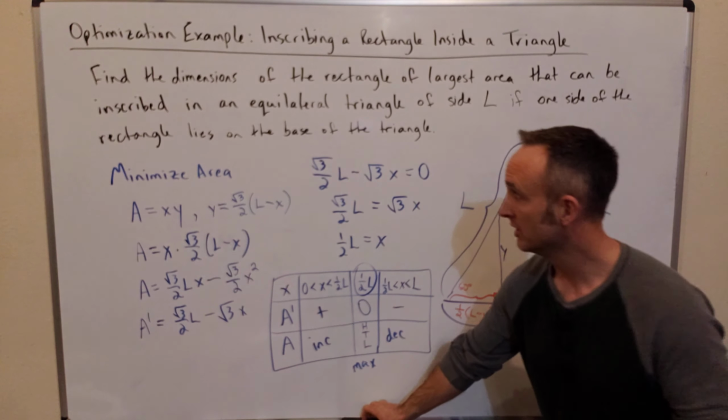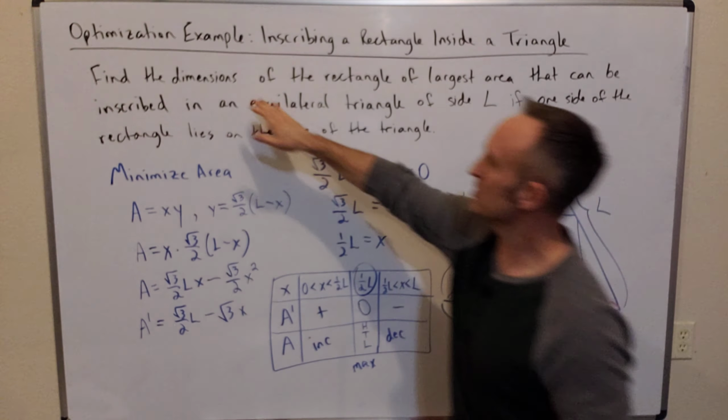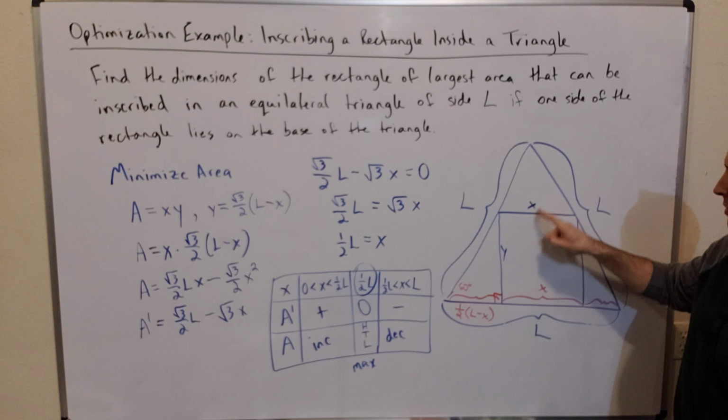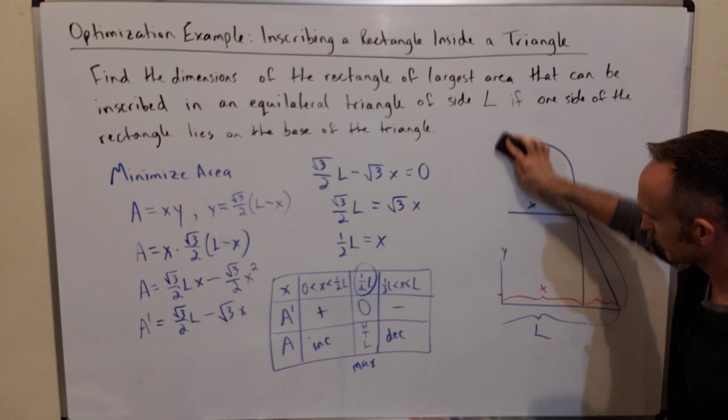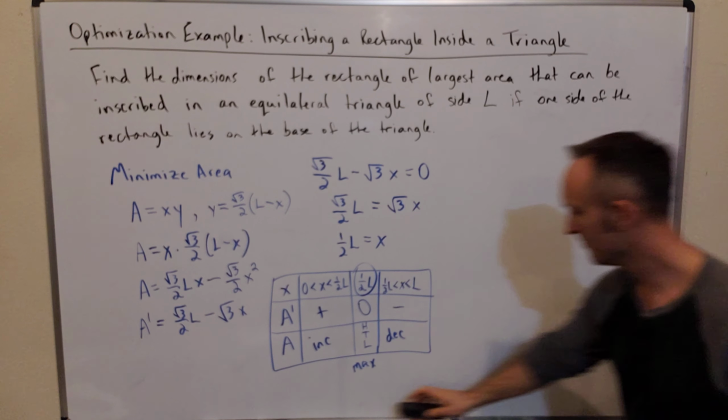All right, so let's go back. We need the dimensions of the rectangle. In other words, I need to know x and I need to know y. So I can erase this now.